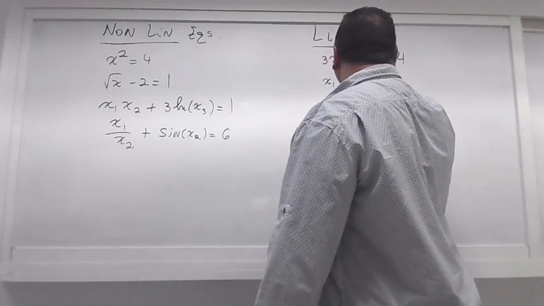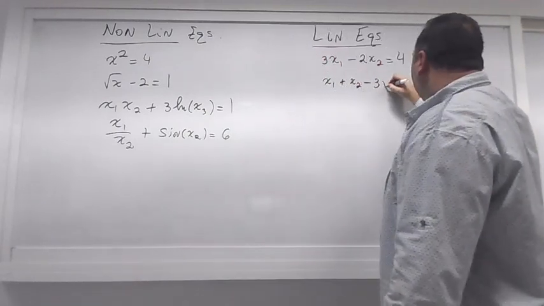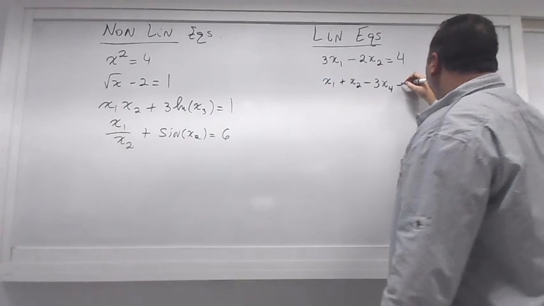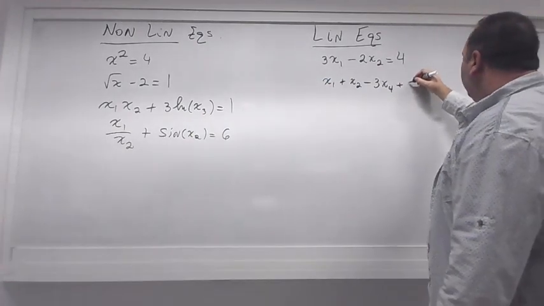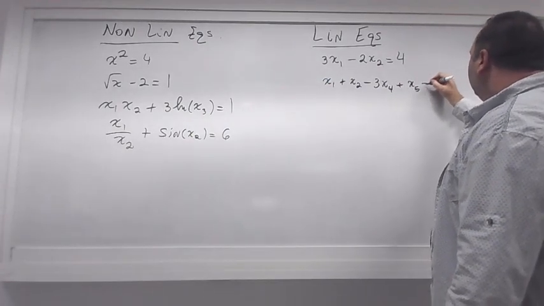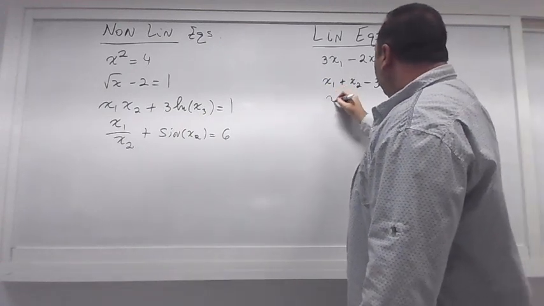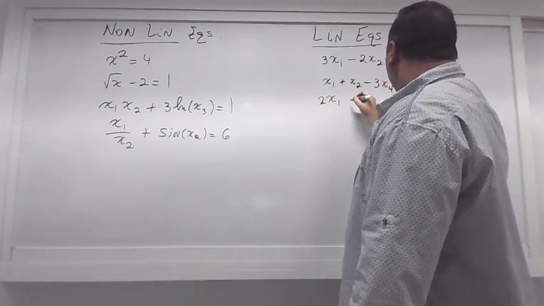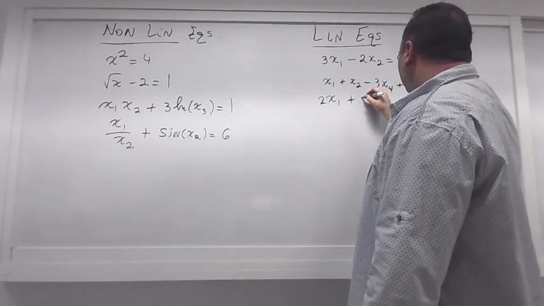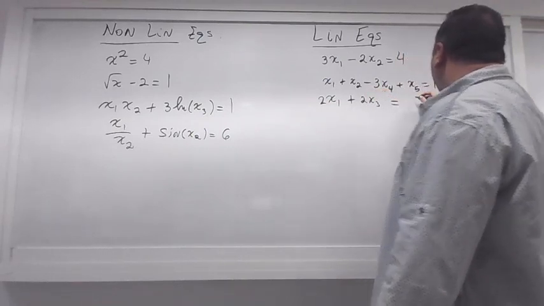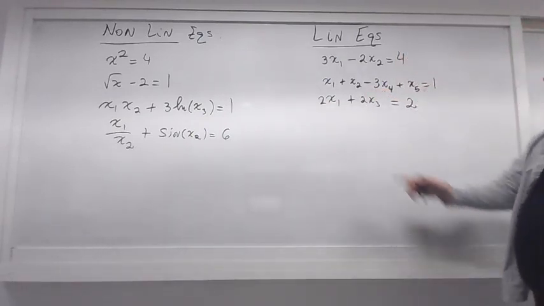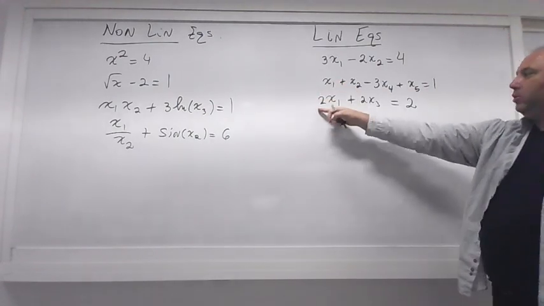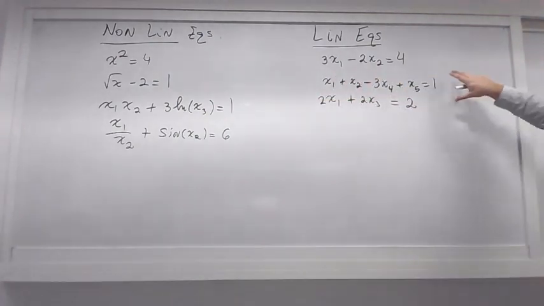Let's say I have something like this. And then I have, let's say, 2x1 plus 2x3 equal 2. So I have these 2 equations, both of them are linear, but now they form a system.